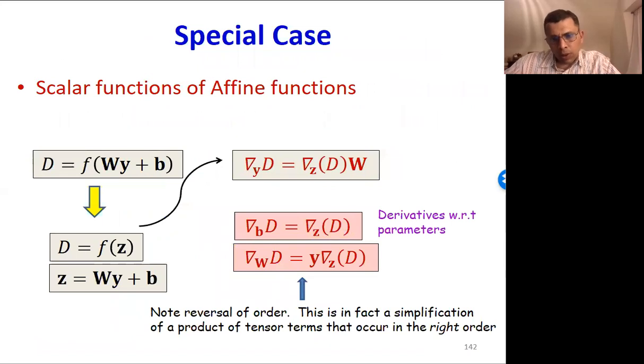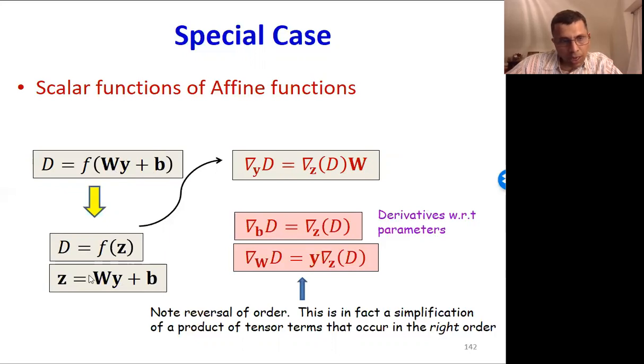So there's one final relation to consider before we're all set. Let d be a scalar function of wy plus b. This again is a nested function. I can write d equals f of z, where z equals wy plus b.